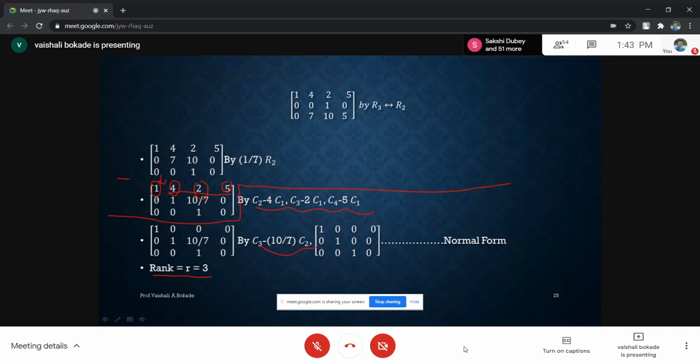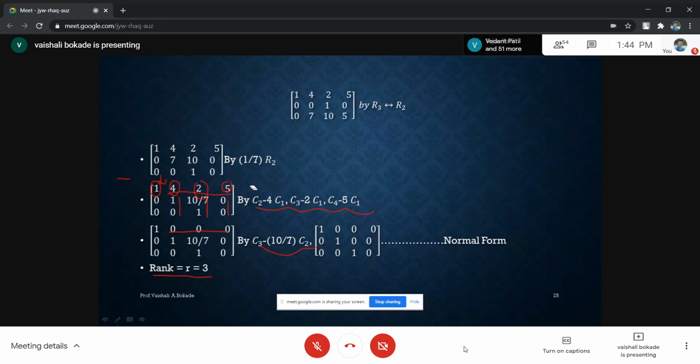In column 1 the place is 1 and the other entries in this column are 0. So the entries in C2, C3, C4 remain as they are, only this circled entry becomes 0. So you can directly write these entries as 0.